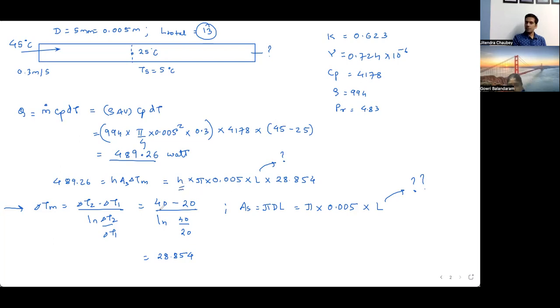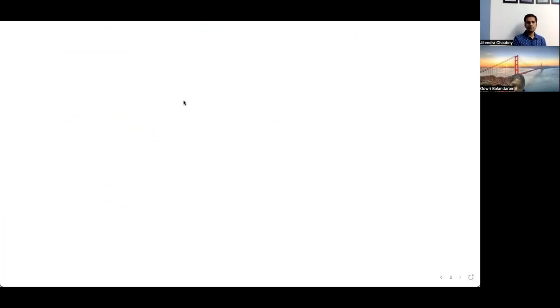So we need to have h to solve it. How to find h? The convection chapter is all about finding h. So we find the Nusselt number. Now whenever a length part is asked, things get tricky.